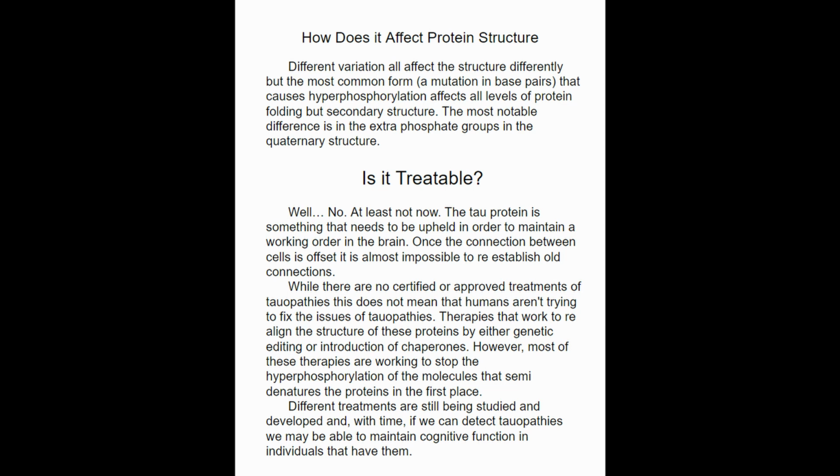However, they're still working on therapies that would either work to change the way that the genes are sequenced, or to change the way that they're folded by using things like therapeutic chaperones. The scientific community is making progress on this right now, but it is not one of the forefronts of medicine. It is more of a thing that is on the back burner for the medical industry.